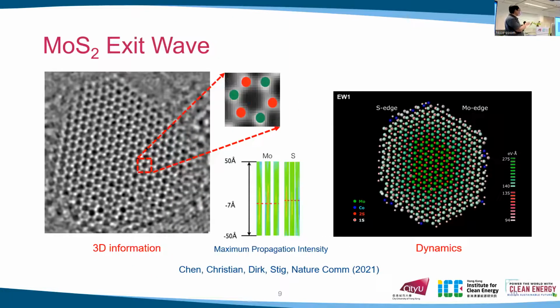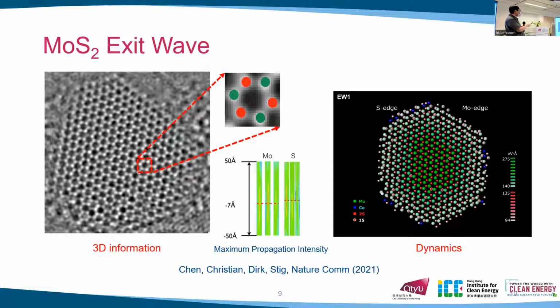So here, from the exit wave, first we need to determine the position of each atomic column. Like here, we can determine the position of each atomic column, and then we will propagate the wave at different defocus.